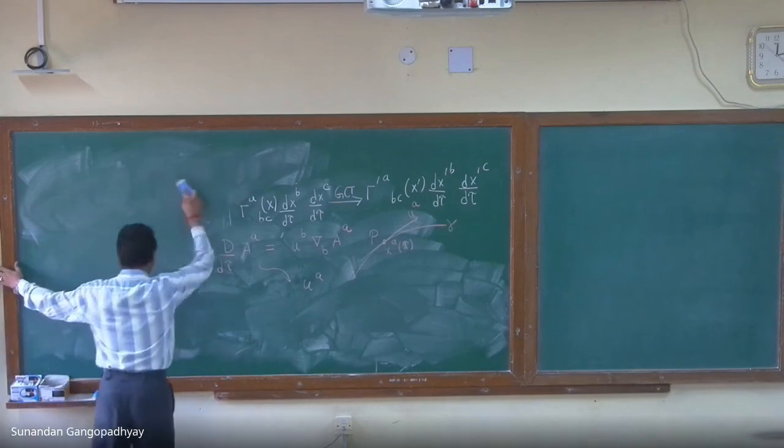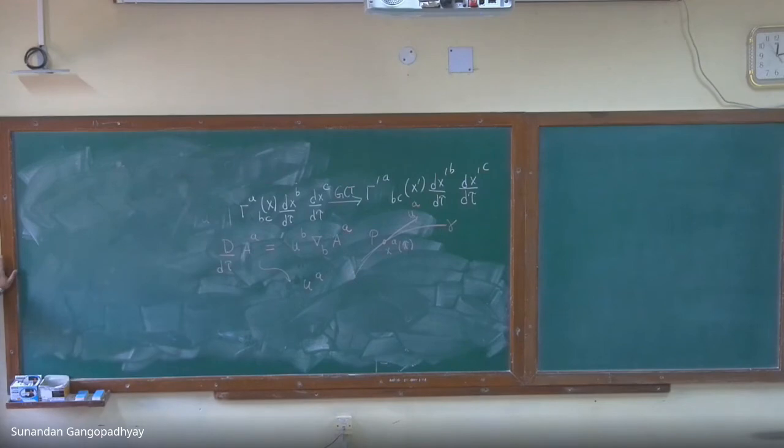Let us now, as we always try to understand any particular equation of motion from a variational principle, do it from a variational calculus approach. Let us consider 2 points in the curved manifold.